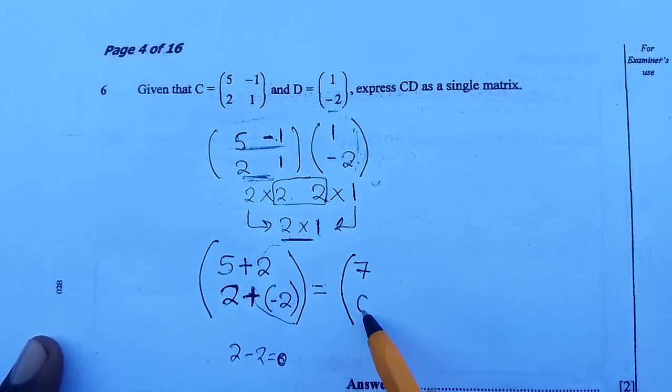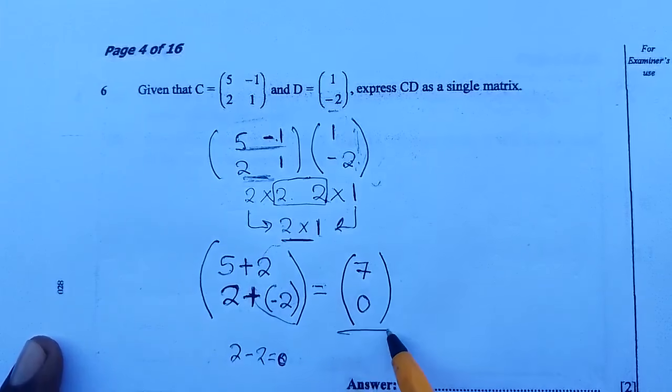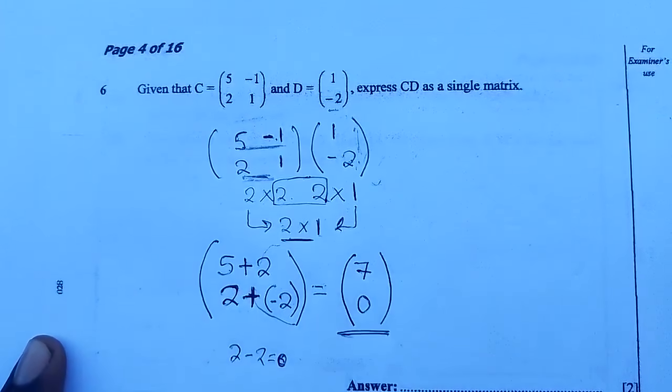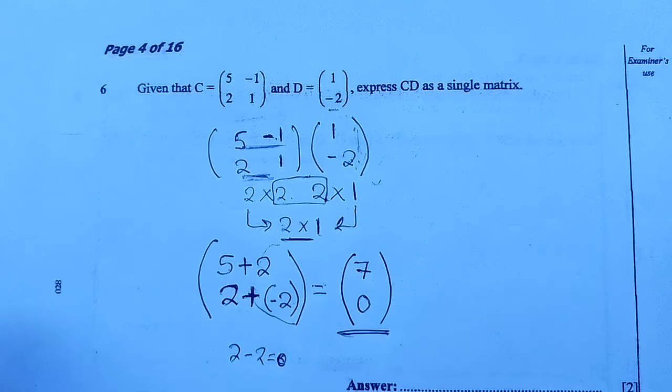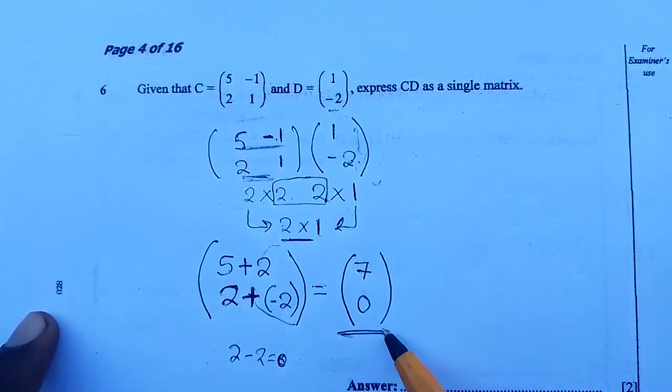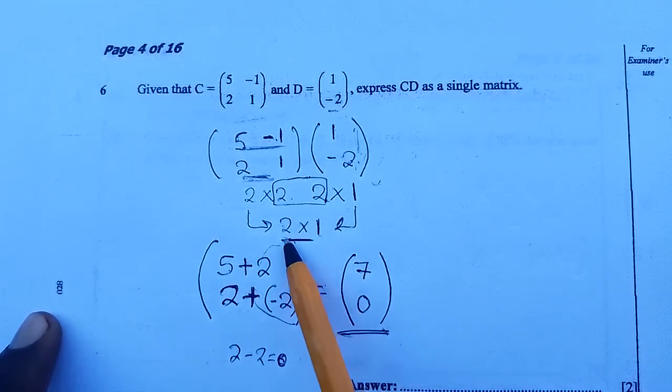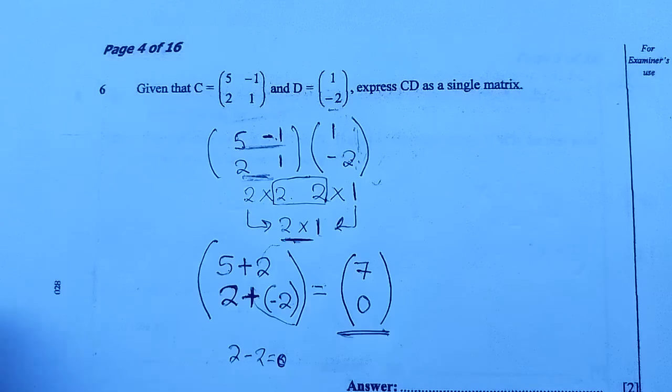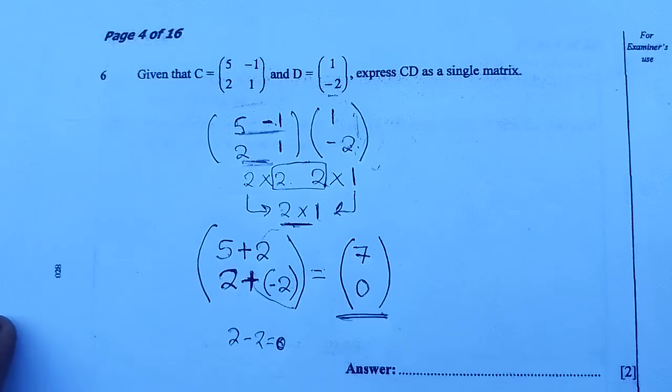This is your answer. As you can see, this is a 2 by 1, the same one that we predicted here. So this is how you need to work this out. Hope you are able to understand. And the key thing is getting the concept. You just need to get the concept.